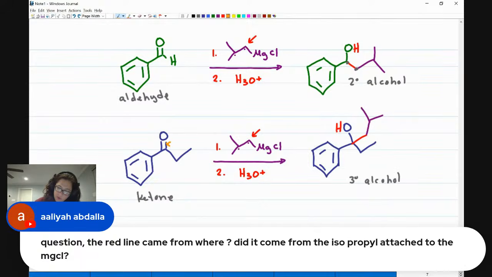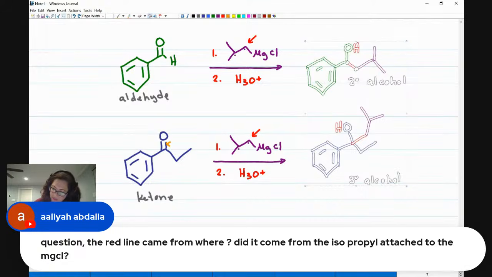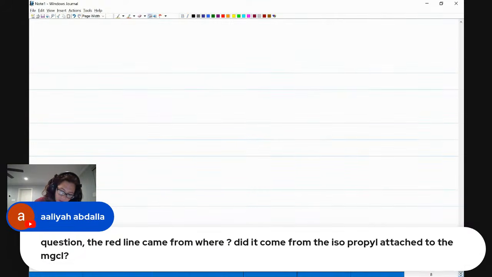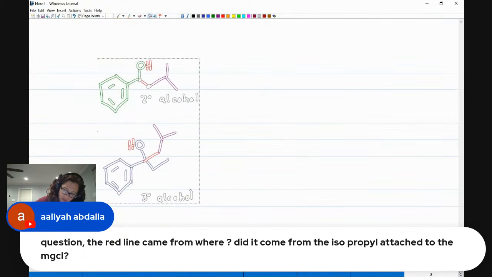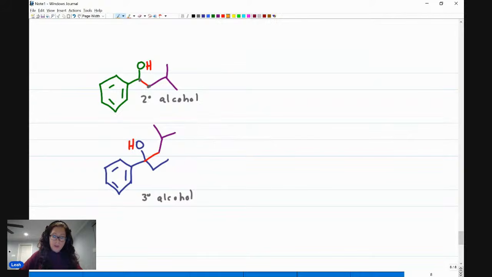I want to show you a trick with these molecules. So let's say you're given something like this for synthesis, but you're actually starting with the product. So you're given an alcohol and you are asked to figure out where it came from. Here is the trick.